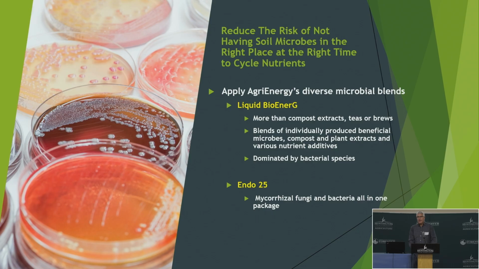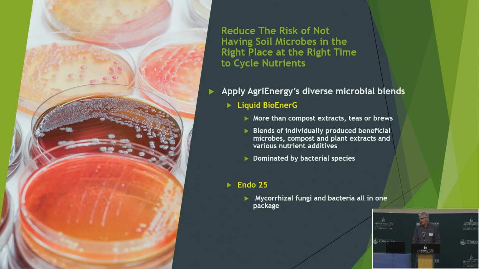So how do we reduce the risk of not having the right microbes? That's why we provide diverse biological products. Like our bioenergy is our flagship liquid biological product. We've done DNA testing on it, and I think there's over 300 species of bacteria in it and over 100 fungal species in it.